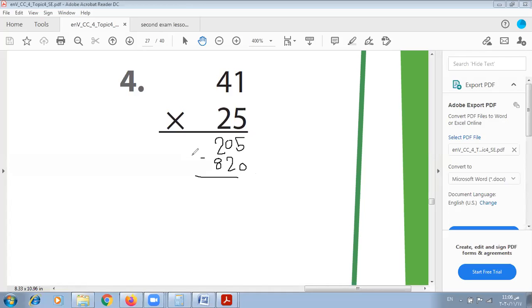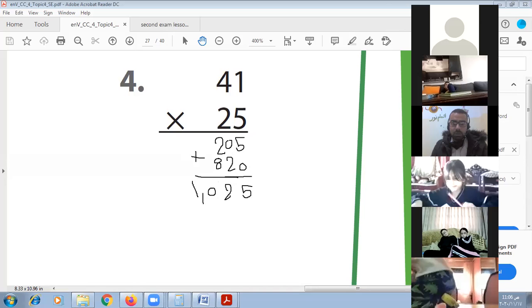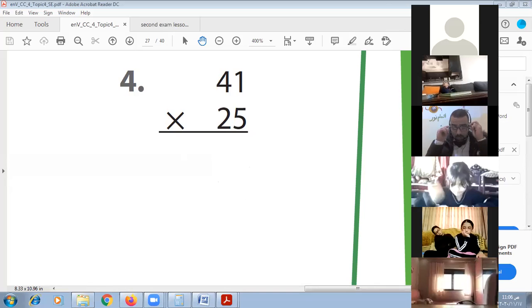Then we add. 5 plus 0 is 5. 0 plus 2 is 2. And 2 plus 8 is 10. So 1025. That's it. You just need to do the regular multiplication as we did. Okay? Do you have any problem with that? Anyone?